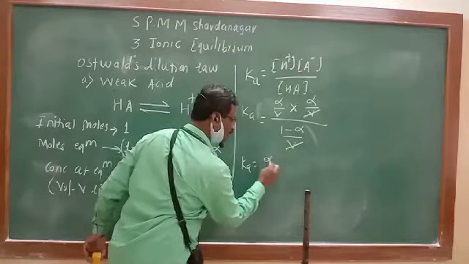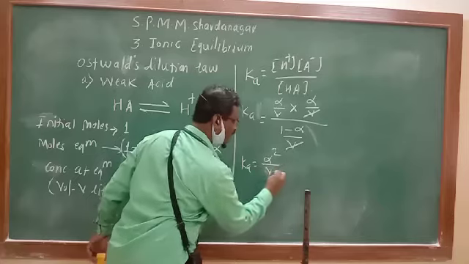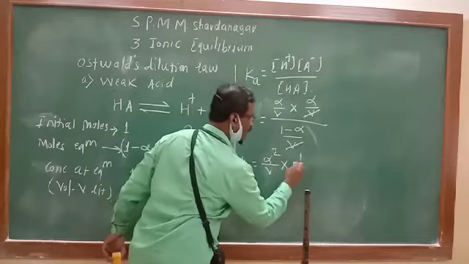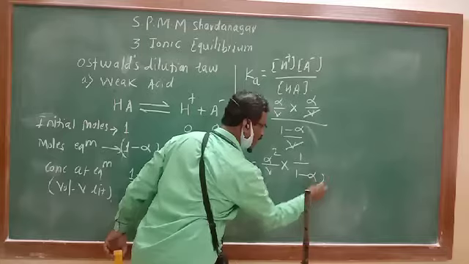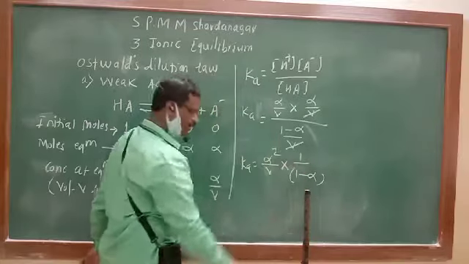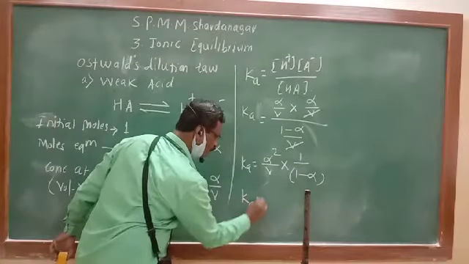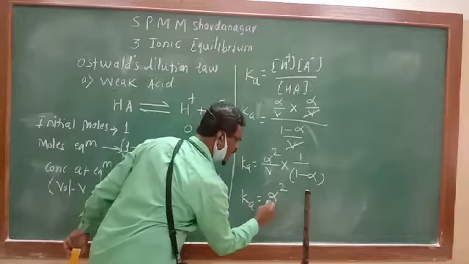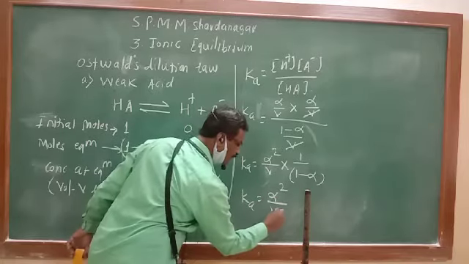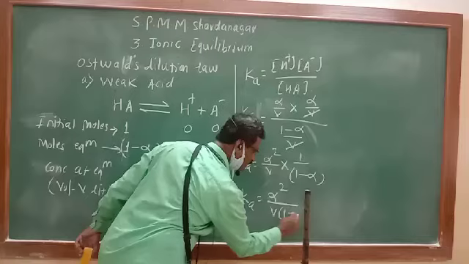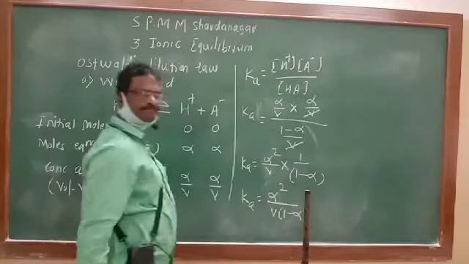It is alpha square divided by V multiplied by 1 upon 1 minus alpha. This I have inverted. So Ka will be equal to alpha square divided by V into 1 minus alpha.